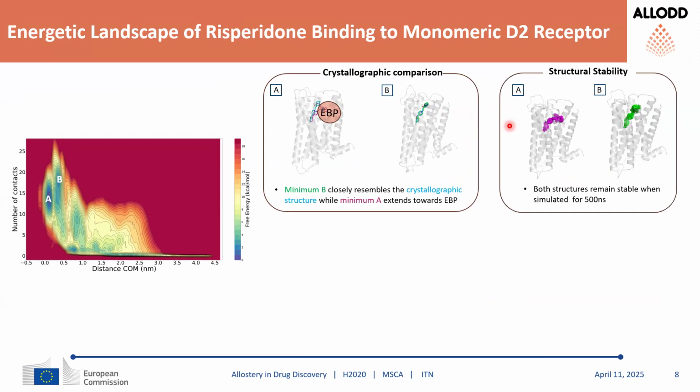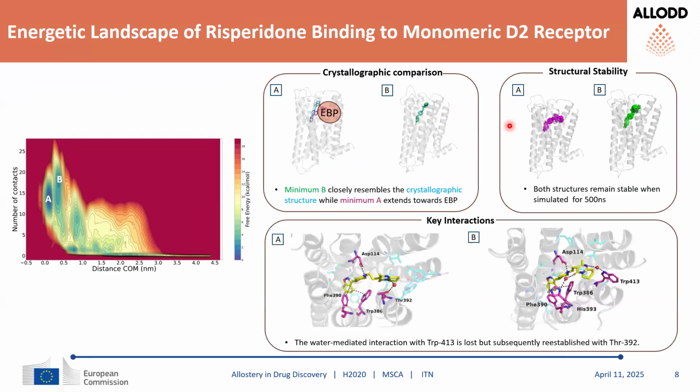At this point, of course, we also wanted to verify the structural stability of the minima, so we performed additional simulations to make sure that the ligand was stable in this pose. And in terms of interaction, they are both quite similar, and they're mostly kept in place by this interaction with the aspartate 114.